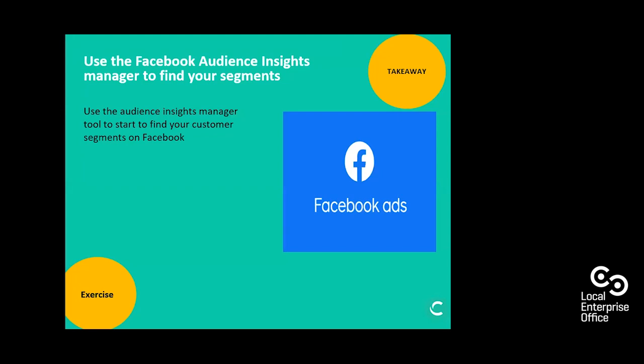So what I would say is use the Audience Insights Manager. I don't know if it's still available, but even within the Facebook Ads Manager platform, start to do some research and create saved audiences for your Facebook and your Instagram advertising. And even if you're just marketing on Instagram and not using Facebook, I would suggest creating your Instagram saved audiences there.